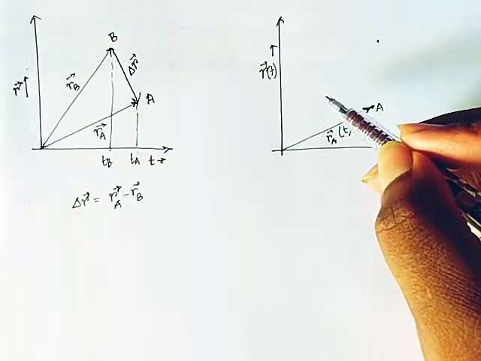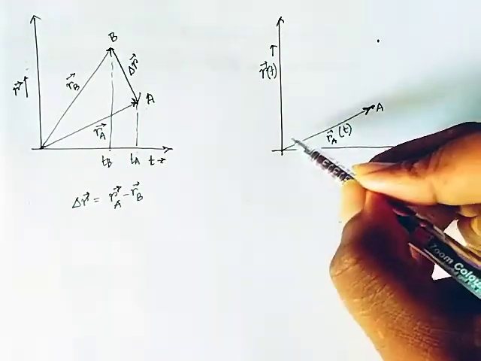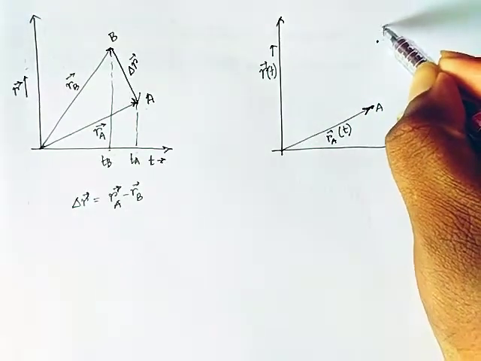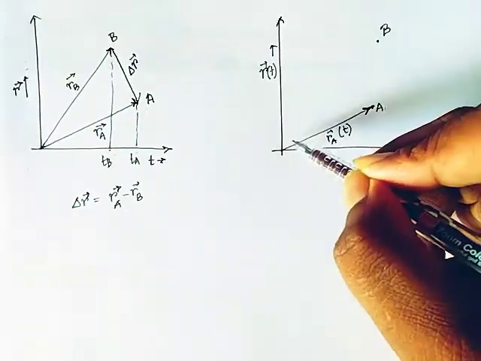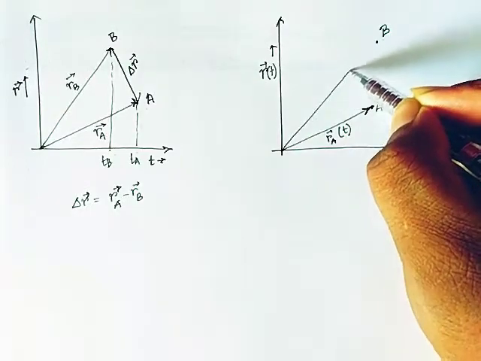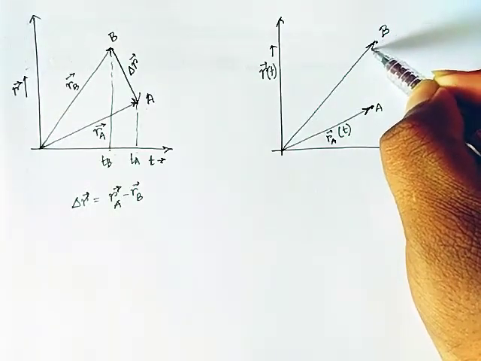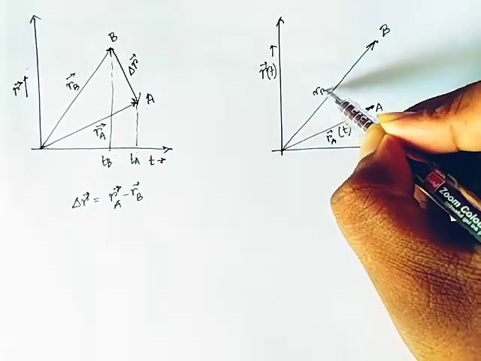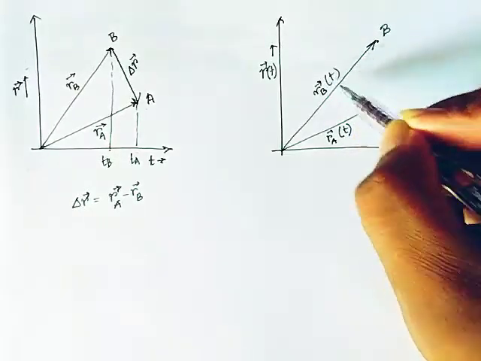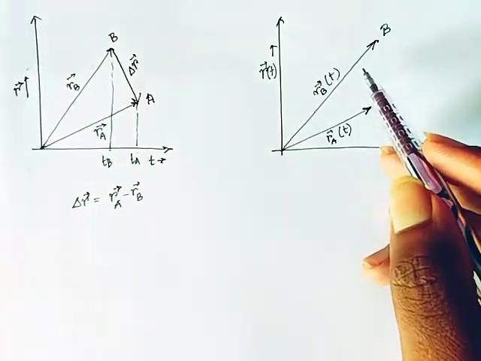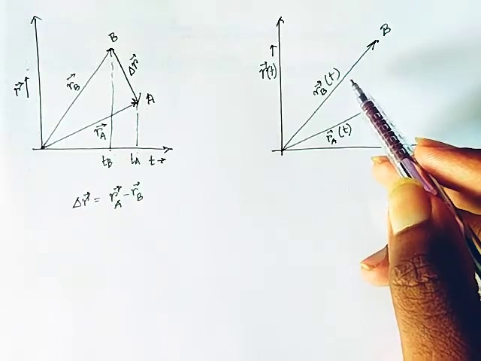Now the other particle is B, and its position vector with respect to the origin is RB as a function of t. So the position of particle B is also changing with time.